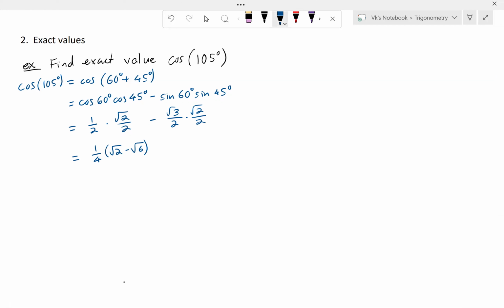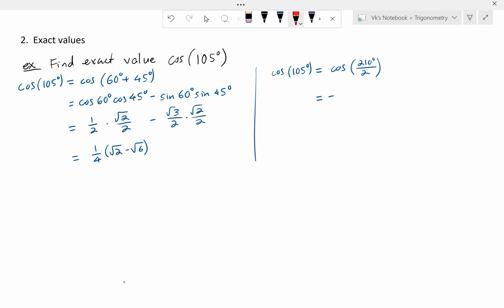Wow. What is the second way to do it? 105 is 210 divided by 2. Cosine of 105 degrees is cosine of 210 divided by 2. Oh, we can use the half angle identity. This would be negative.